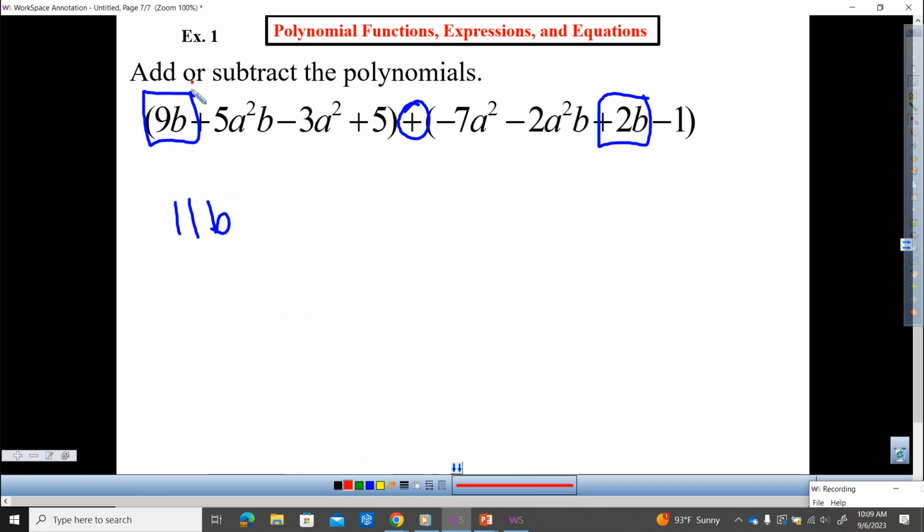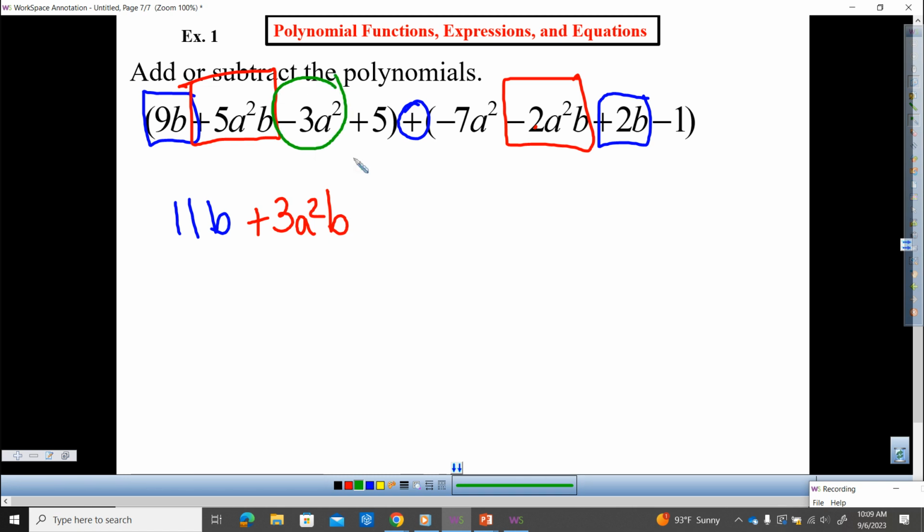Next, 5a squared b. Is there another a squared b? Yes, over here. All right, so therefore, negative 2 and 5, so 2 of these cancel 2 of these, so we're left with 3a squared b. Next, I'm going to go to the a squared.